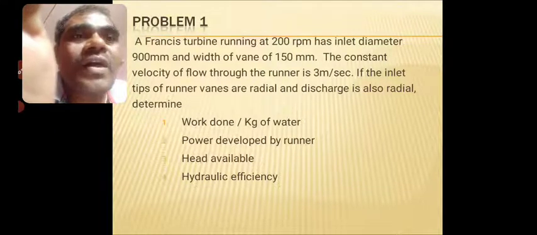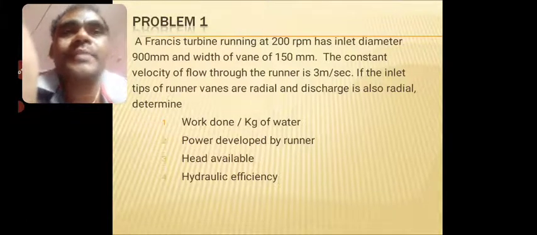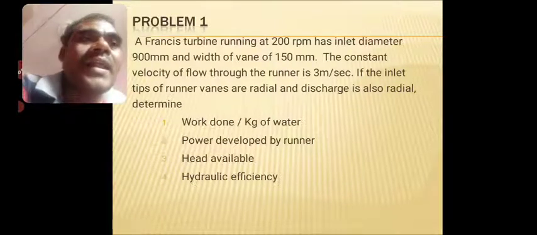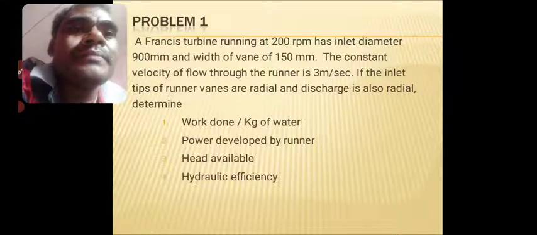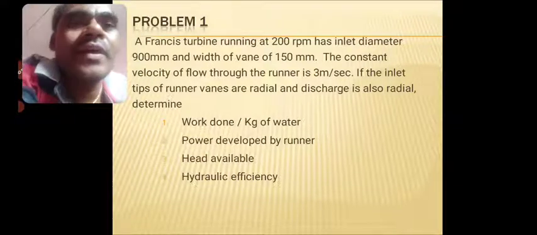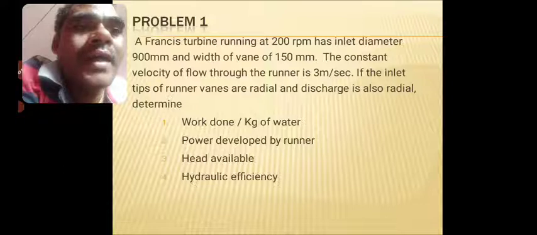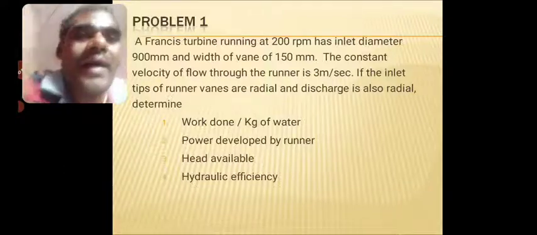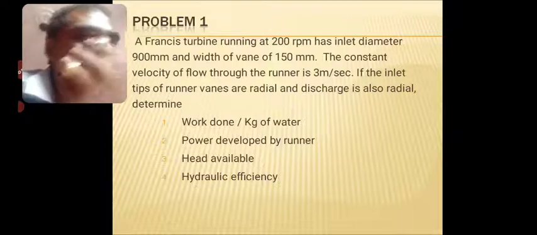The constant velocity of flow through the runner is 3 meter per second. If the inlet tips of runner vanes are radial and discharge is also radial, determine work done per kg of water, power developed by runner, head available, and hydraulic efficiency. Okay, this is our given problem.